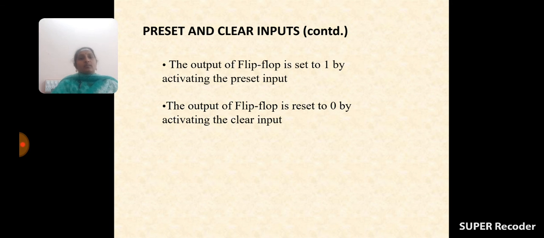So how many special inputs are there? Two. How do we get the output of the flip-flop directly to 1? By activating the preset input. How do we get a 0? By applying the clear input. Is it clear? So this is about the two special inputs.